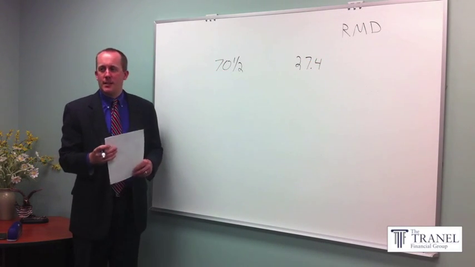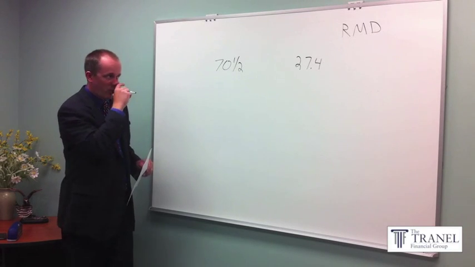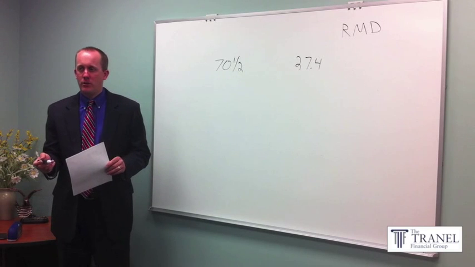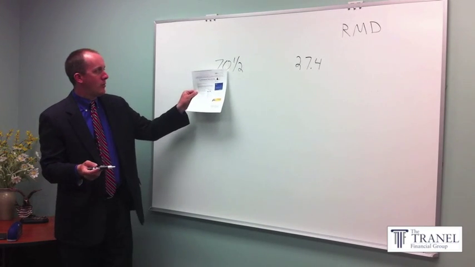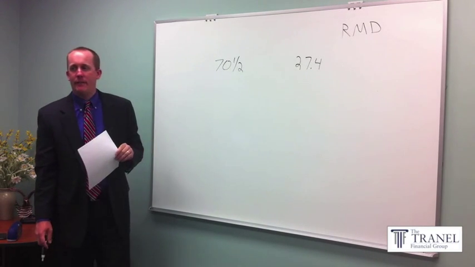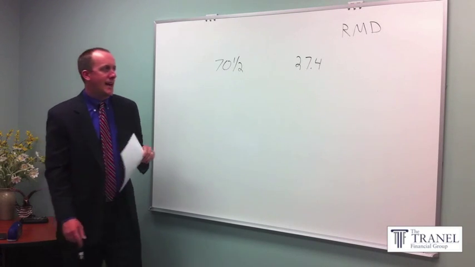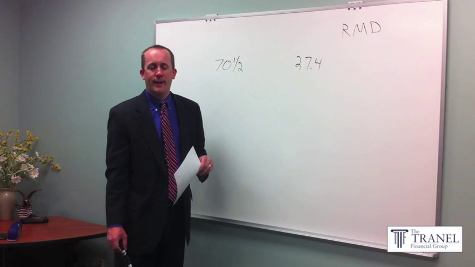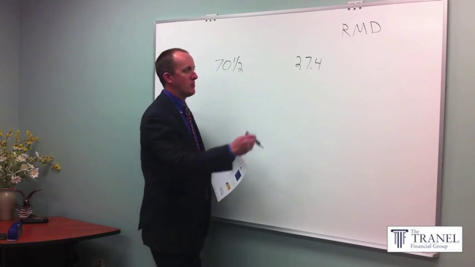Calculating RMDs is actually quite simple. All you do is you take the December 31st value of the year in which you turn 70 and a half, and that's the amount used to calculate your required minimum distribution.